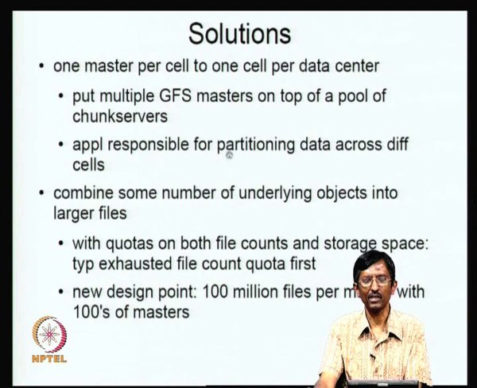I picked up some of this material from various interviews given by top designers of the Google File System. They discuss what the problems are, but there's no paper as far as I know which talks about how they have solved the problems. A complete paper like the Google File System paper which came in SOSP, with that level of comprehensive detail, consistently discussing all the issues, is not there yet.